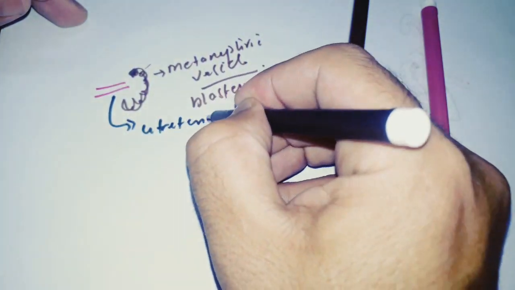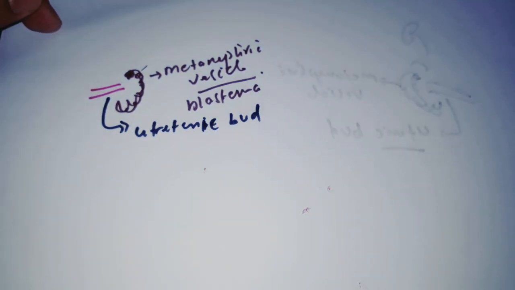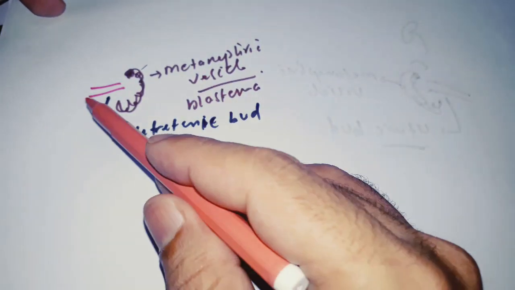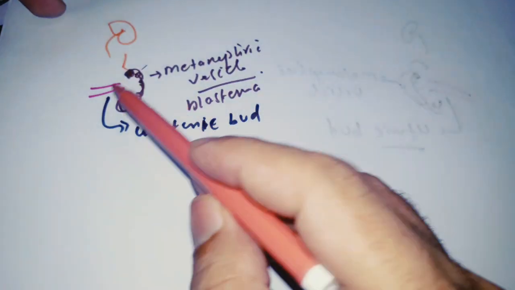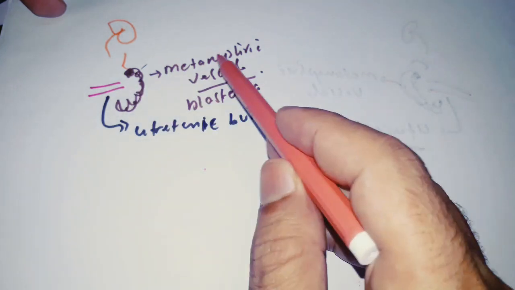This is the ureteric bud. Now, for the development of the kidney, this ureteric bud must come in contact with the metanephric vesicle. When it comes in contact with the metanephric vesicle, it will form the kidney and ureter.